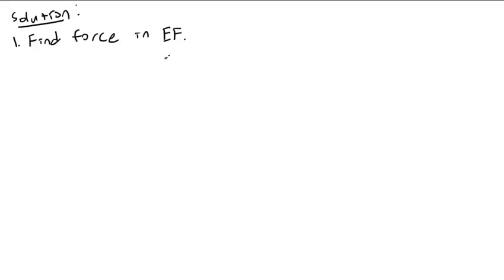Well, this is done by a balance of moments, by sum of moments at I. This will lead us to FEF equals 35 kips tension. So you all know how to do that. I don't necessarily feel the need to work through that. You all learned how to do that in statics, but this is new here.